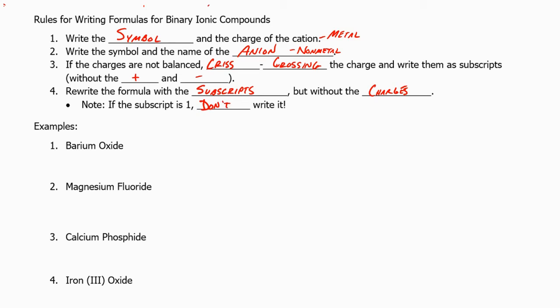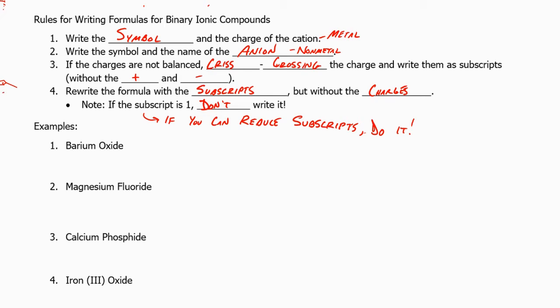We should also make another note for ionic compounds in particular: if you can reduce the subscripts, you reduce. This only applies to ionic compounds. It doesn't apply to other types. So if you can reduce the subscripts, do it.